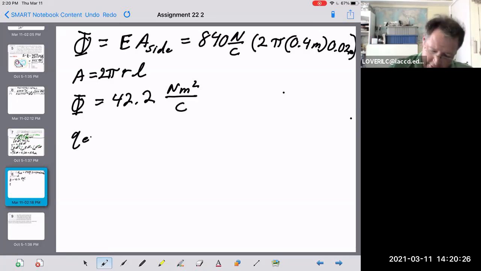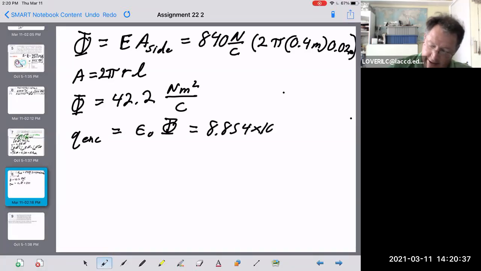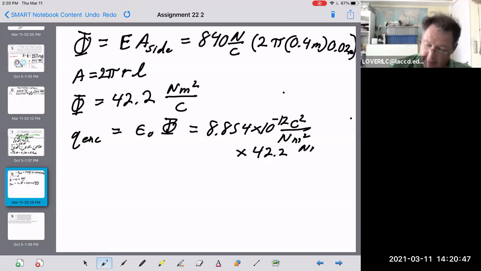Then the charge enclosed will just be epsilon naught times the flux. 8.854 times 10 to the negative 12 coulomb squared over newton meter squared. Multiply that times 42.2 newton meter squared per coulomb.